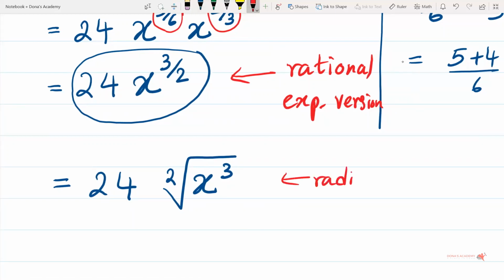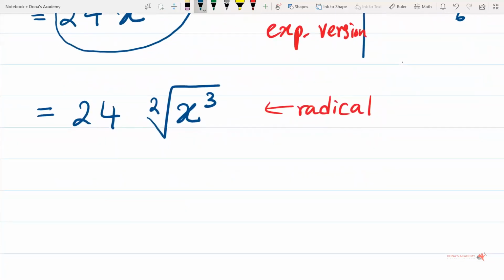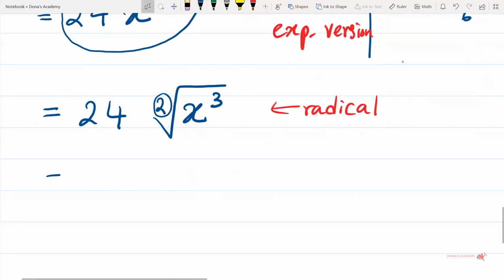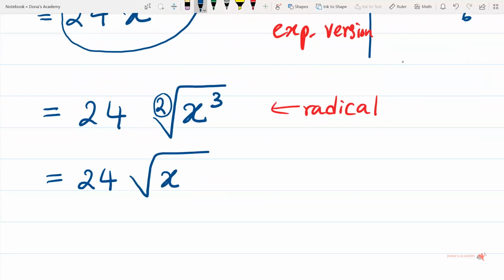Radical, not simplified yet. Since you have a square root, or 2, here, you may have to split the radicand into 2 pieces like this, x^2 and x^1, right? Since you have 2 as the index.